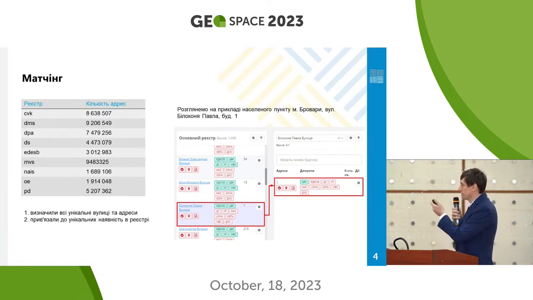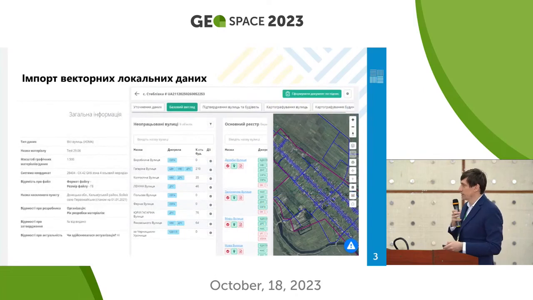Green is present, red is absent, and there are other checks, the presence of geometry. So where the address, whether the address was verified or not, it was done automatically.